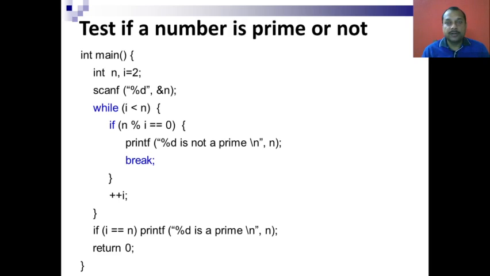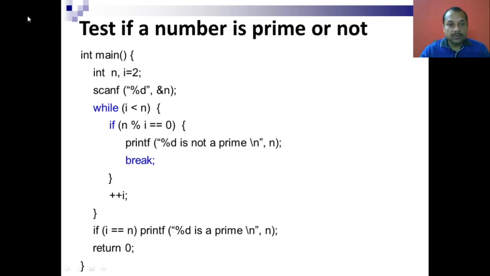If in my first occurrence, since i equals 2, 1234 is divided by 2 and the remainder is 0, then there is no need to go for further division from 3 up to less than 1234. There is no need to do that, and in that situation the break statement is most suitable.